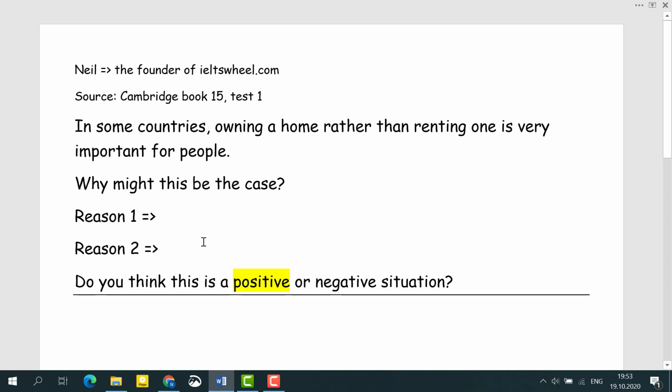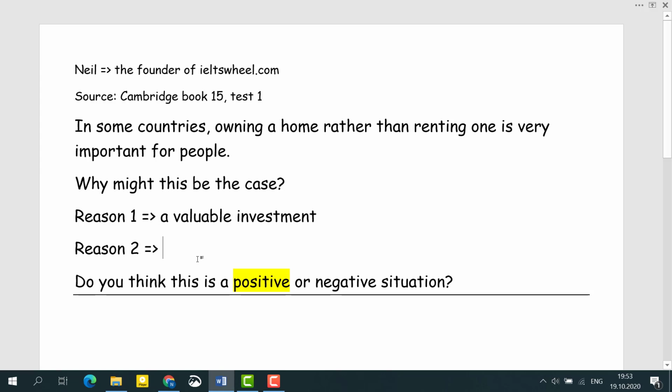For example, I might say that the ownership of a house is a valuable investment. So I can just write a valuable investment, and that's all I need to do. And then I also need to come up with the second reason.